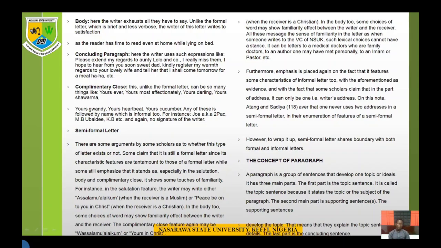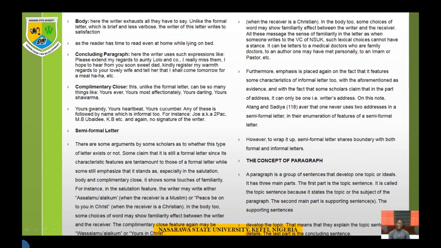They are there. But in content of these features, we see where it is not too formal, but it relates the mind of the reader to know that the writer is having something in common with them. For instance, now, Dear sir or dear madam is a salutation of formal letter.